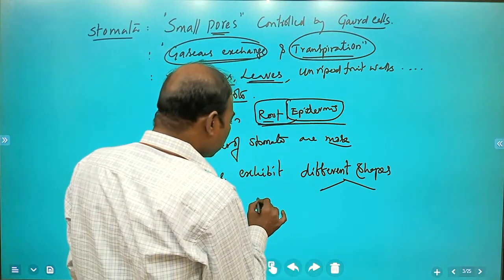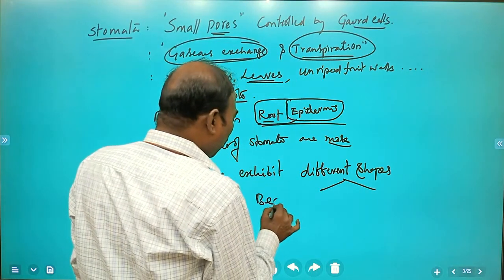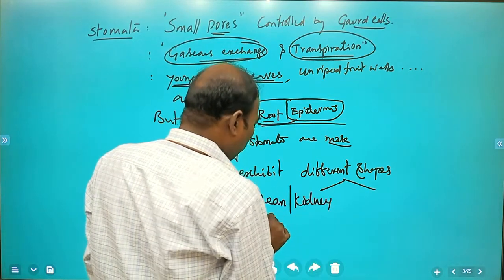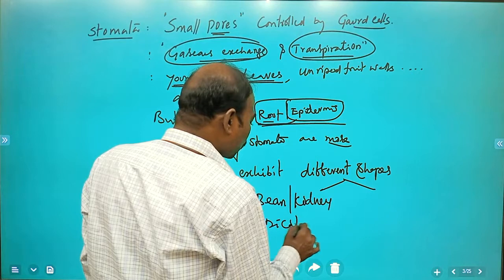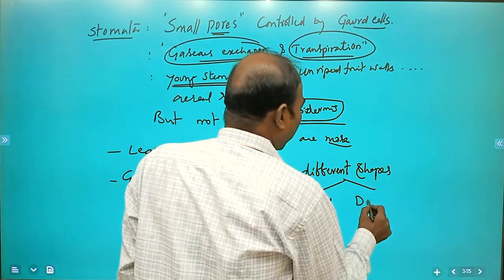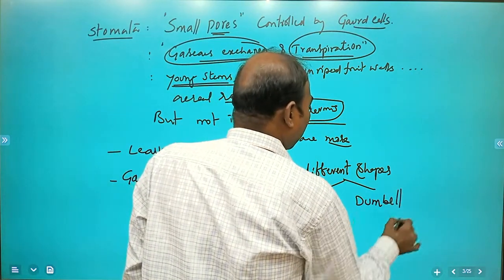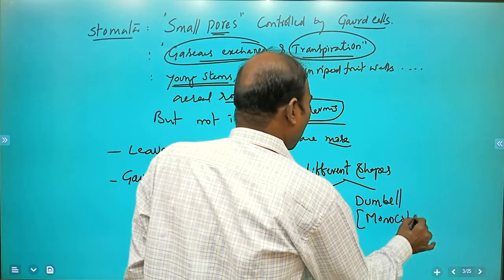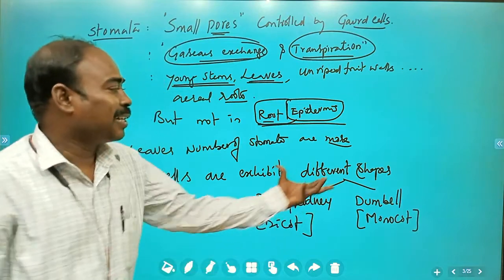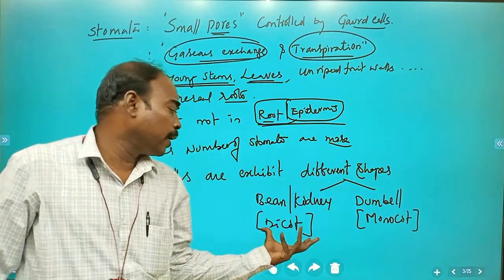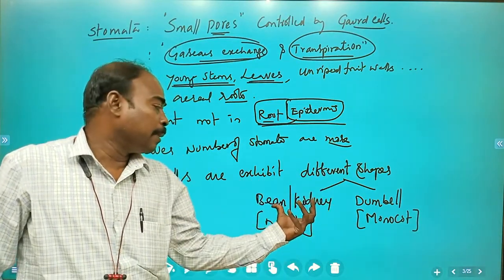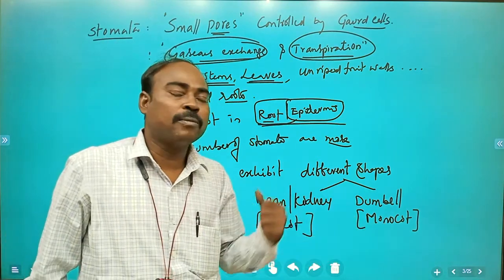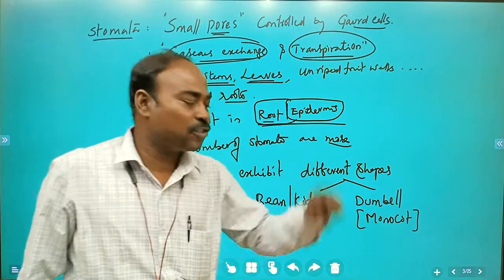That is, bean or kidney shaped guard cells are found in dicot plants, whereas dumbbell shaped guard cells are found in monocot plants. The bean or kidney shaped guard cells are found in dicots, whereas in monocot plants it is dumbbell shape.